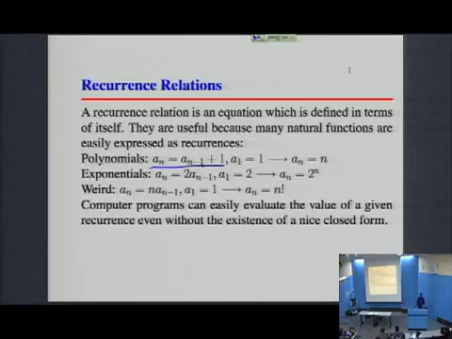The recurrence relation a_n = a_{n-1} + 1 says that the nth term of our sequence is going to be the (n-1)st term of the sequence plus 1. When you take a recursive formula and initialize it with a base case, you get a sequence of numbers.